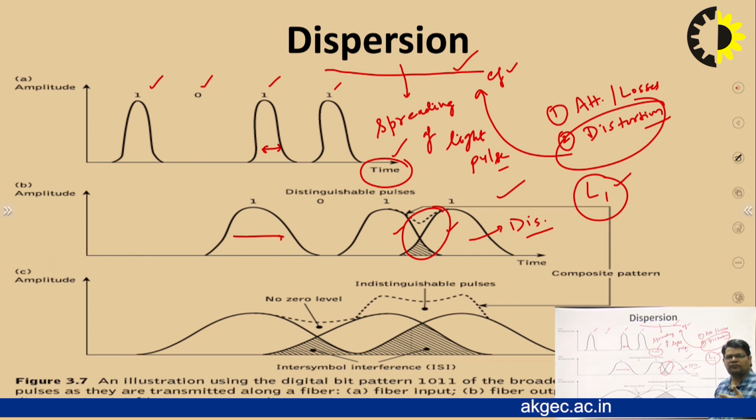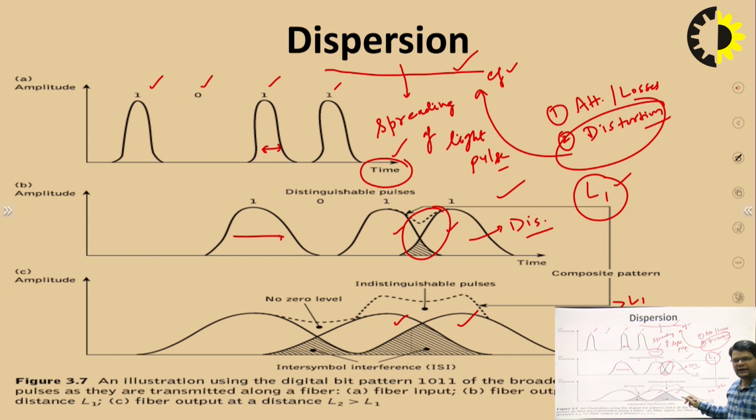However, when a further distance is covered, let's say L2 distance is covered, where L2 is greater than L1, whenever more and more distance is covered, the broadening or spreading of light pulse further increases. Here we can see that the two pulses overlap with each other and result in indistinguishable pulses.